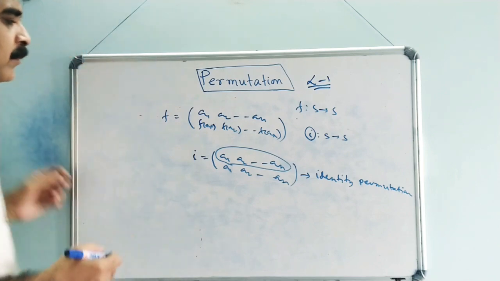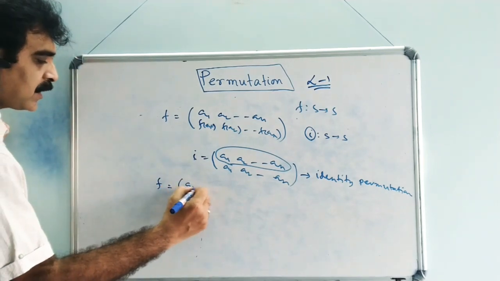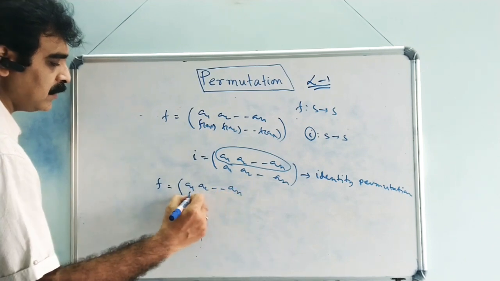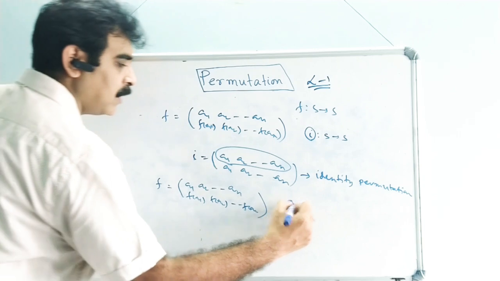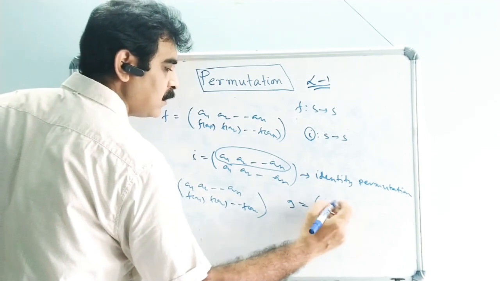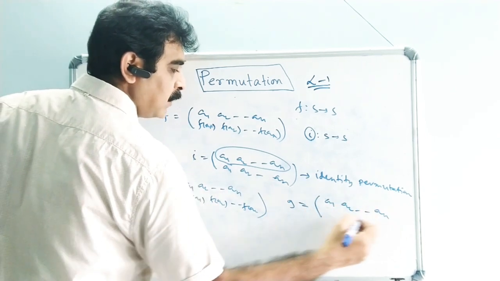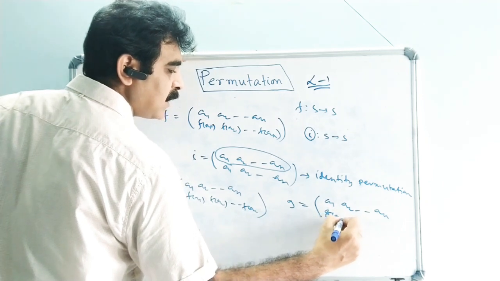Okay. Now, if we consider two permutations, suppose F is a permutation on A1, A2, ..., An, and G is another permutation on A1, A2, ..., An. Another permutation means another arrangement simply.